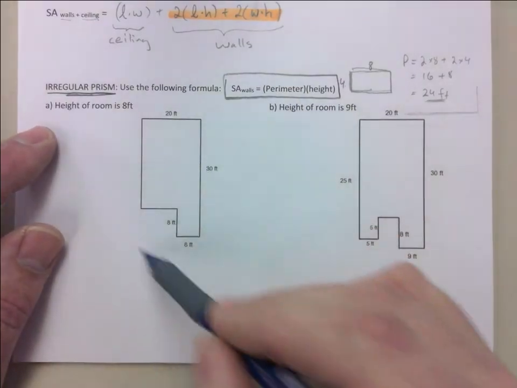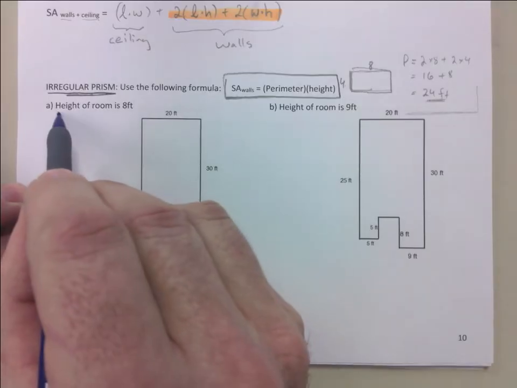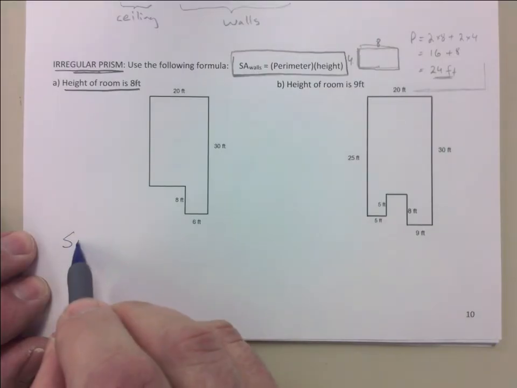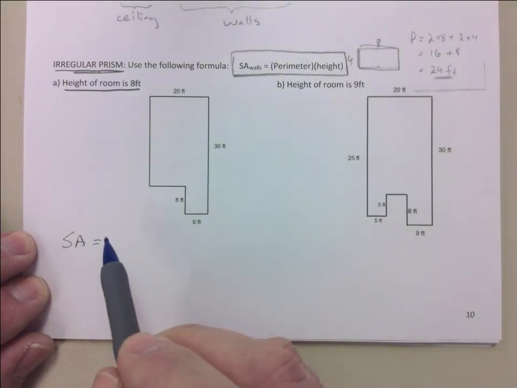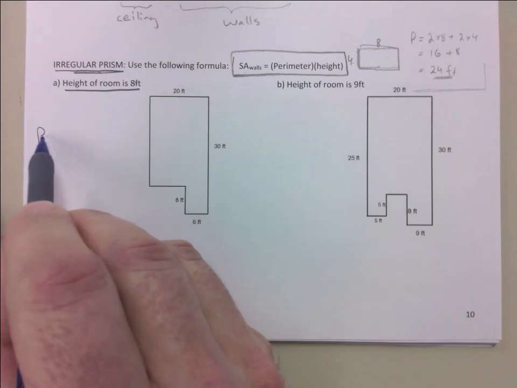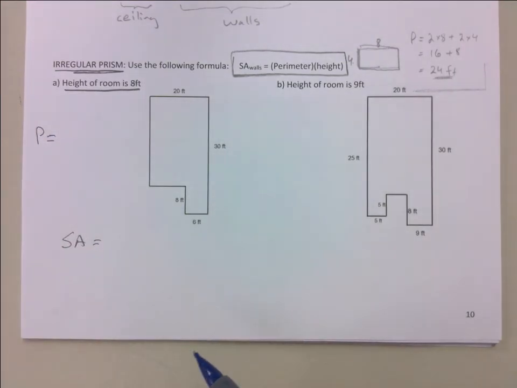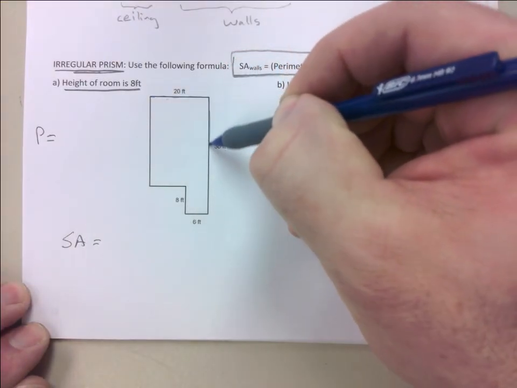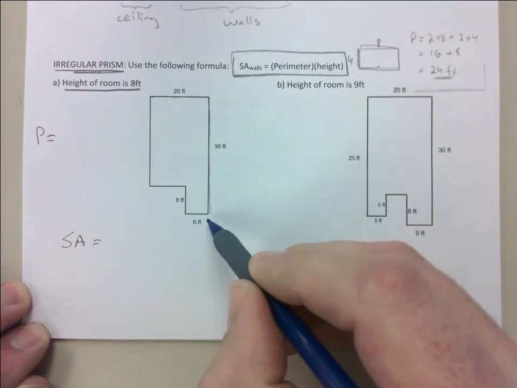So let's say this room right here, looking from the top, has a height of 8 feet. If you wanted the surface area, we will first figure out the perimeter. And it's a little trickier. Let's figure out the perimeter here. If you add 20 and 30, that's already 50, right?